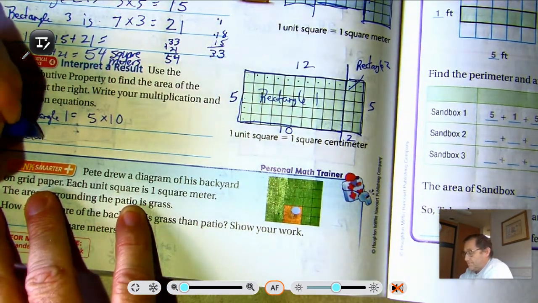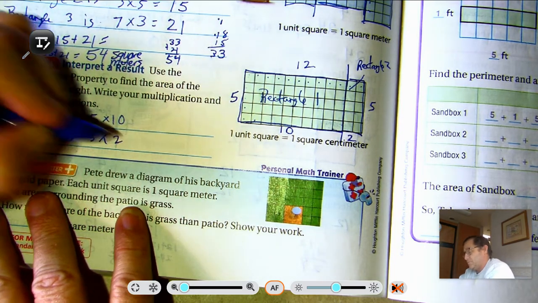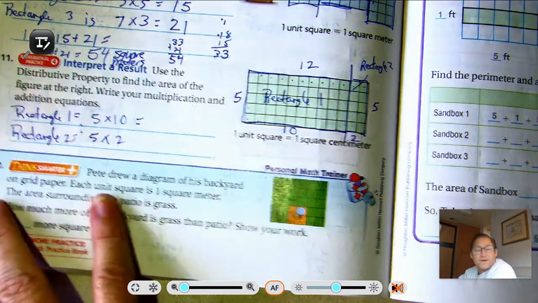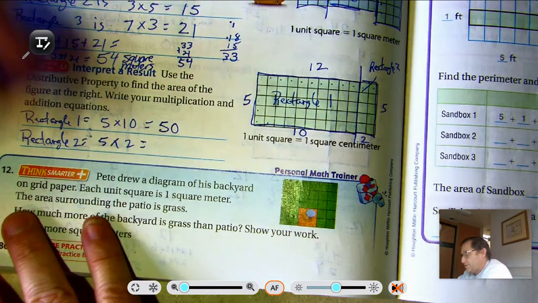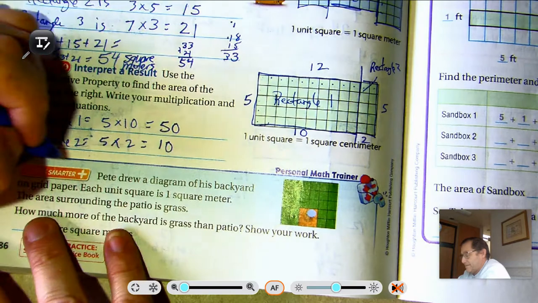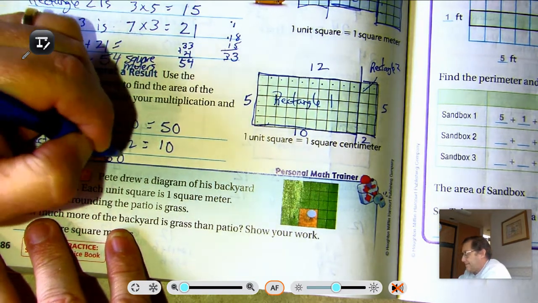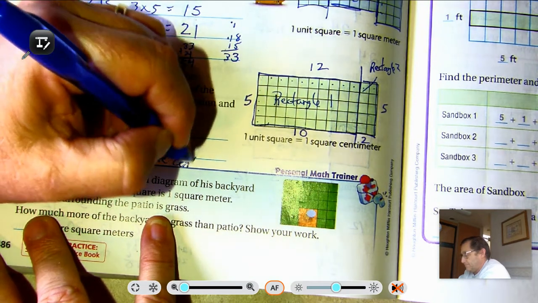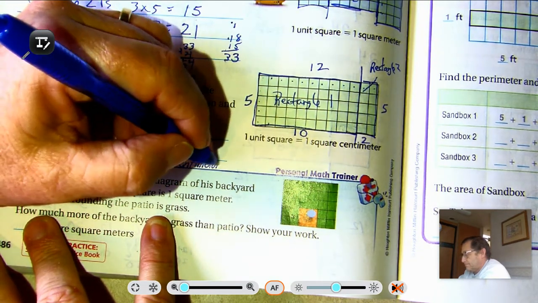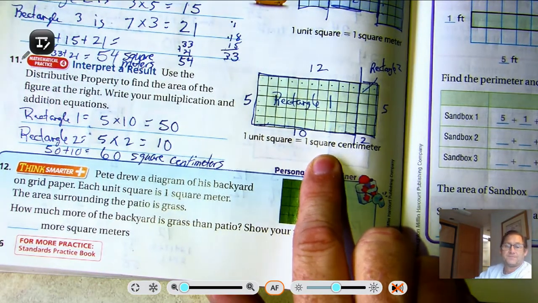Rectangle 2 is 5 times 2. 5 times 10, easy, 50. 5 times 2, 10. 50 plus 10, 60 square centimeters. Okay. Each unit is 1 square centimeter.